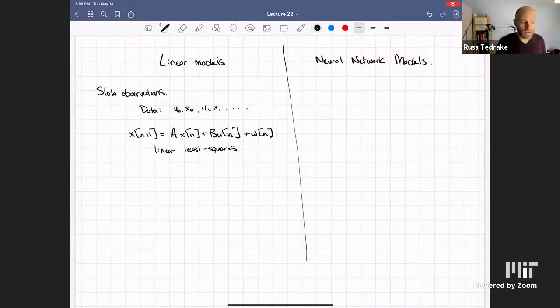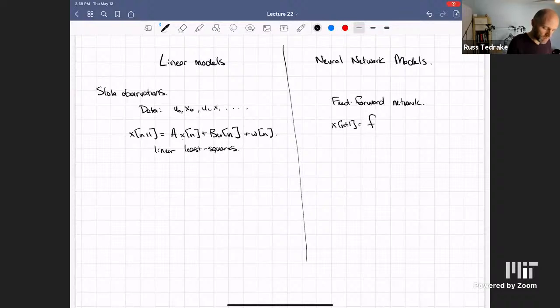There's a natural correlate for what you do with a neural model if you have the state. You can certainly learn a neural network model, even just a feed-forward network, that predicts x_{n+1} as some complicated function, the neural network, of x_n and u_n, where these are the weights of the neural network.